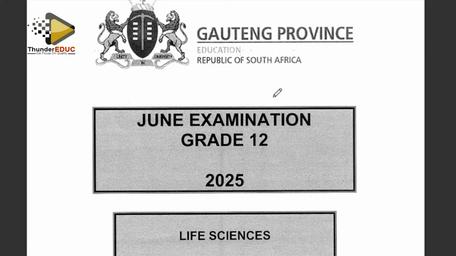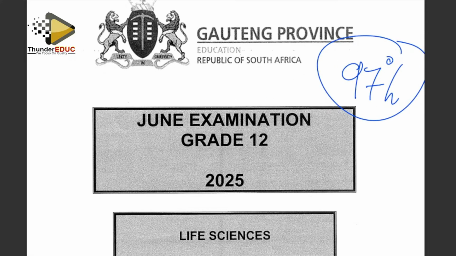Many people say that the paper was fair to them. So let's look at it and try to see how we smashed the paper. We are very thankful for those people who were with us since the beginning. I know that our prediction, our discussion, was 97% of the paper.